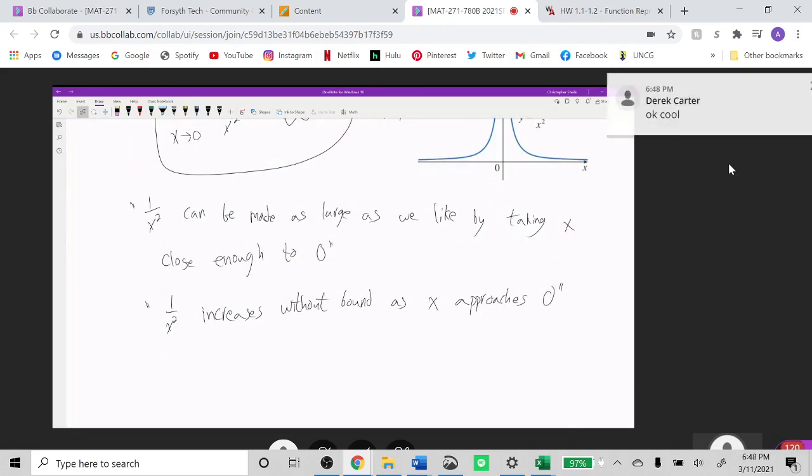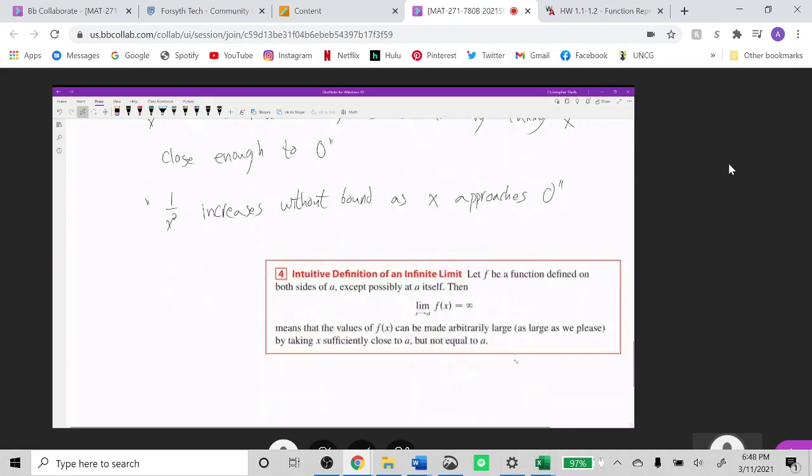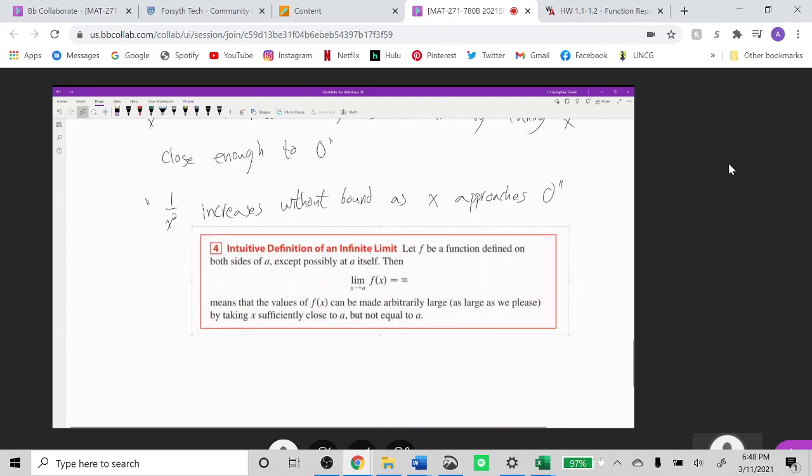So let's get a little box with that info in it. This is an intuitive definition of an infinite limit. Oh yeah, some calculus deals with infinity, so get used to it. Let me go ahead and grab the complement to this.